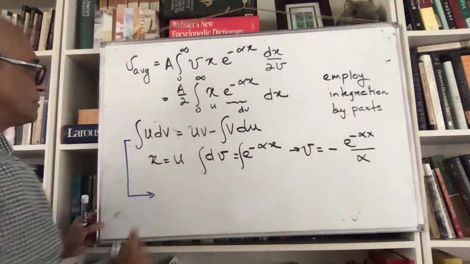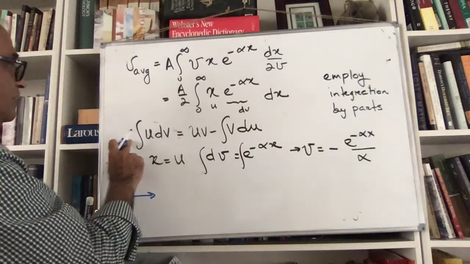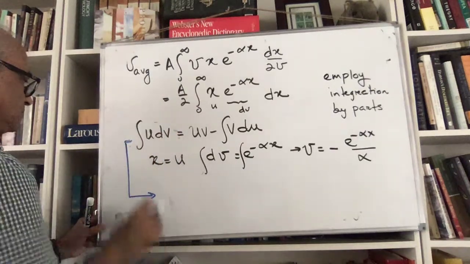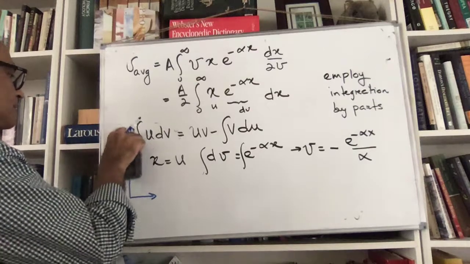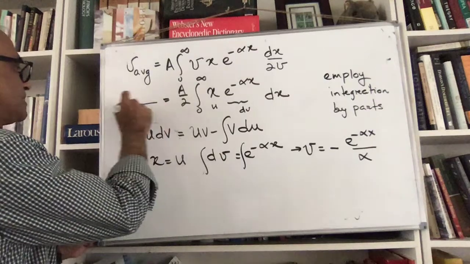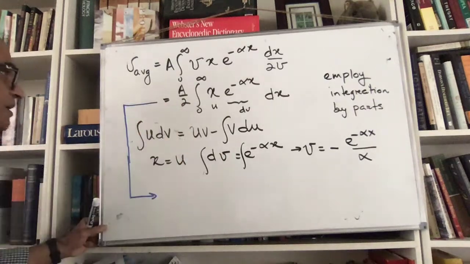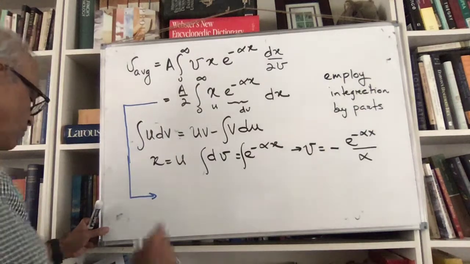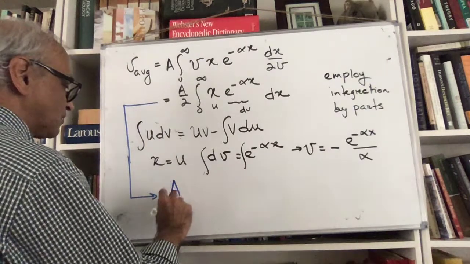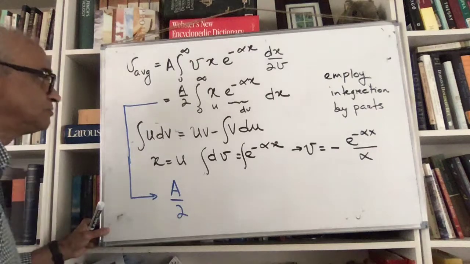So let's go ahead and finish this up. Actually, not this, I want this one. So you have a over 2, which is great. Keep that a over 2.